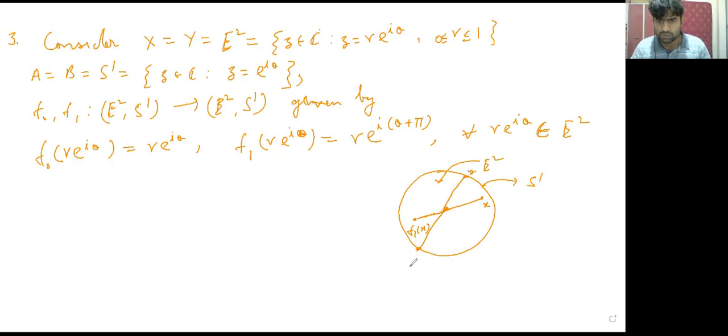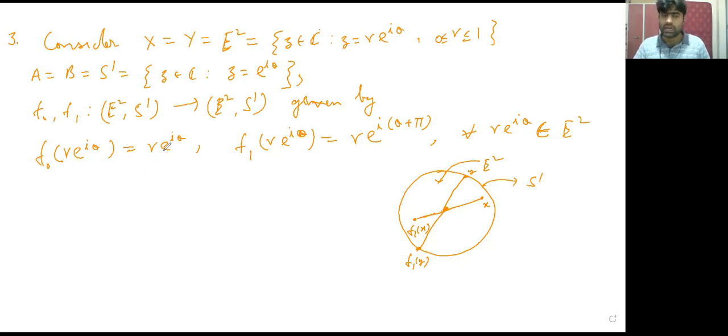So Y goes to F1Y. So you can see that F1 maps S1 to S1 itself. So F0 and F1, they are maps from here to here.